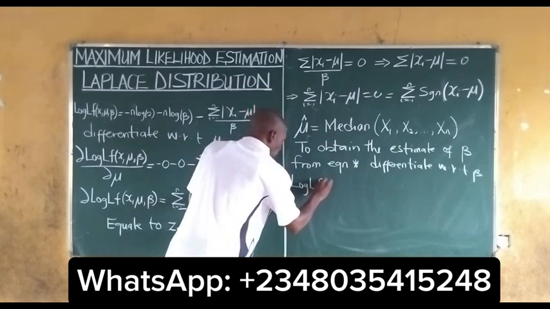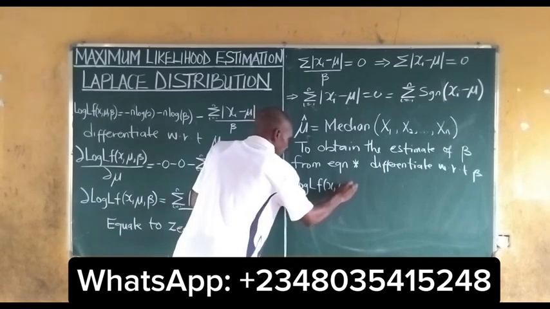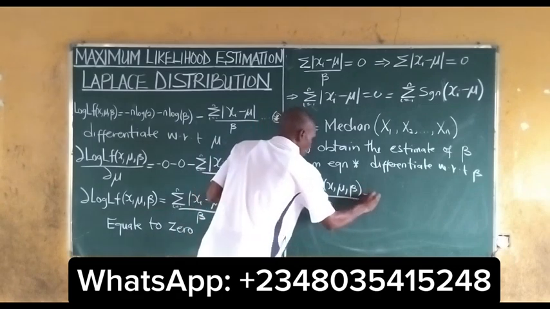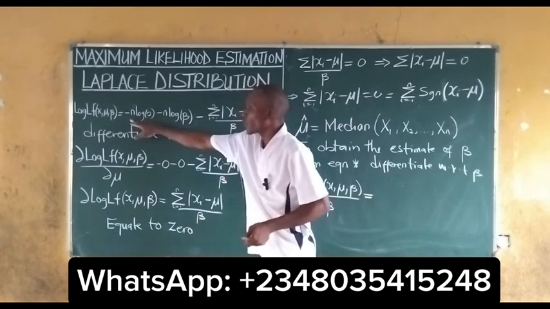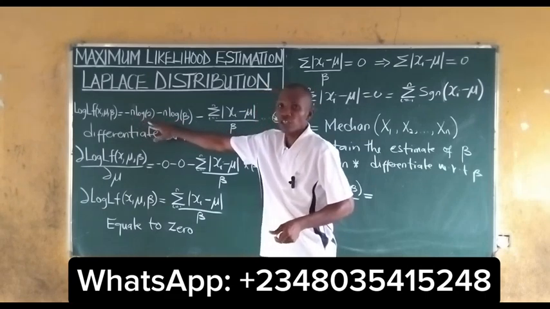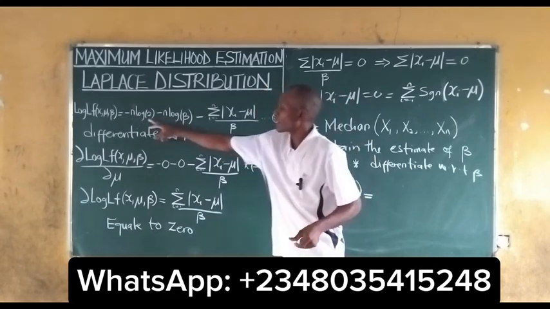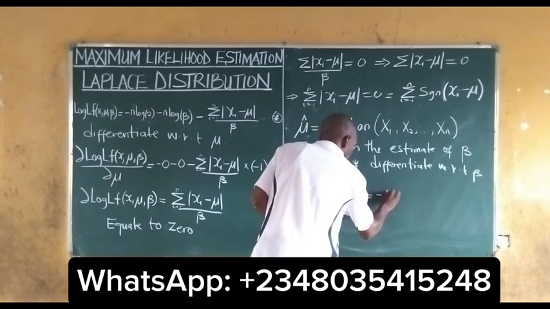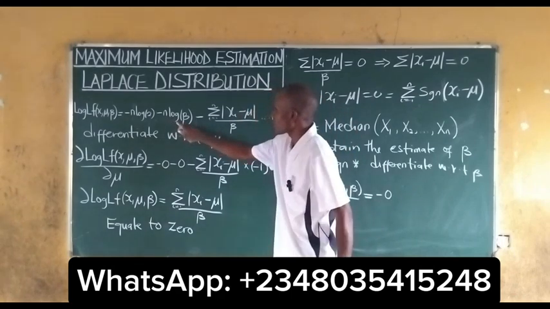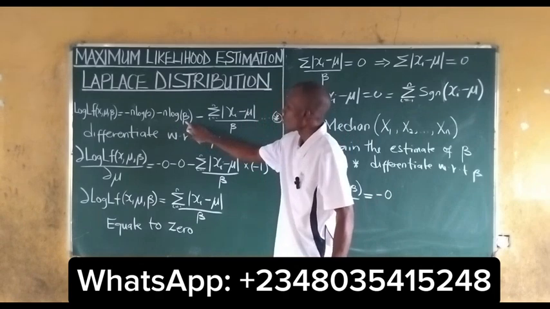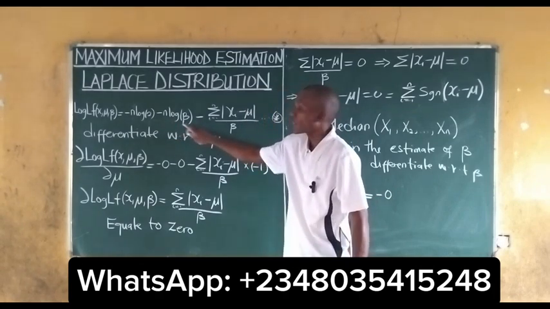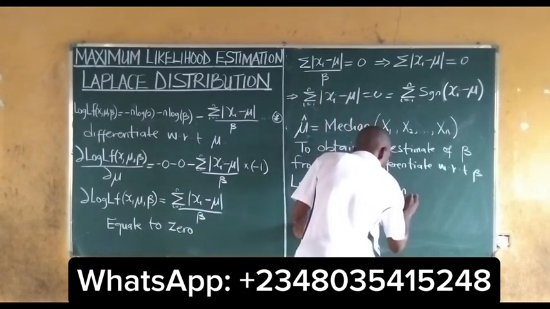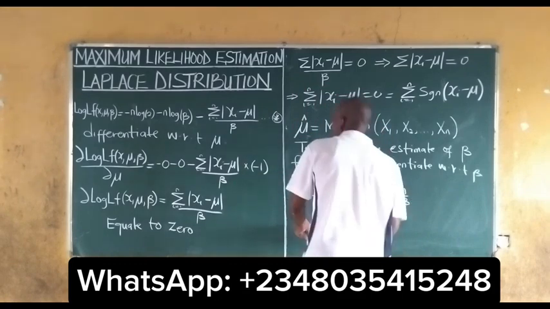If we differentiate with respect to beta, we write it as the log of the likelihood function of the Laplace distribution all over beta to be equal to now. We differentiate the whole of this. Since there is no value for beta here, it turns to zero. It becomes negative zero. Where there is a value for beta, if we differentiate the whole of this, it becomes negative n all over beta.